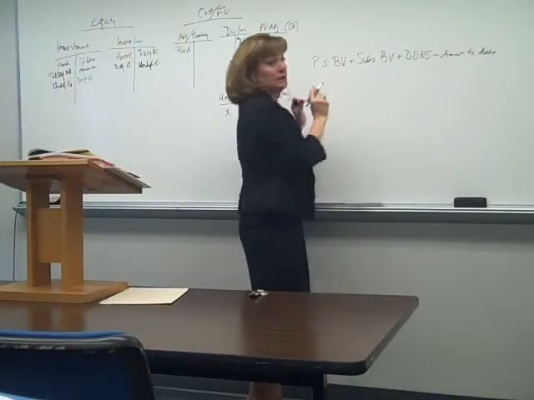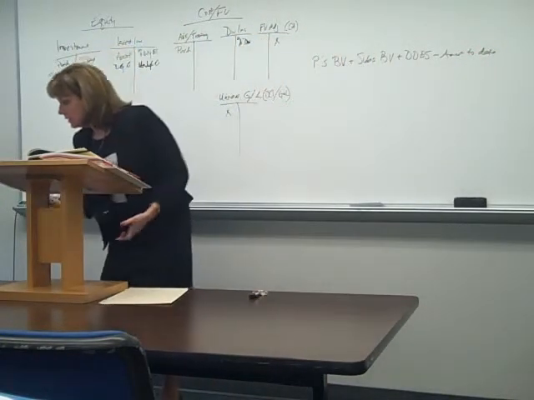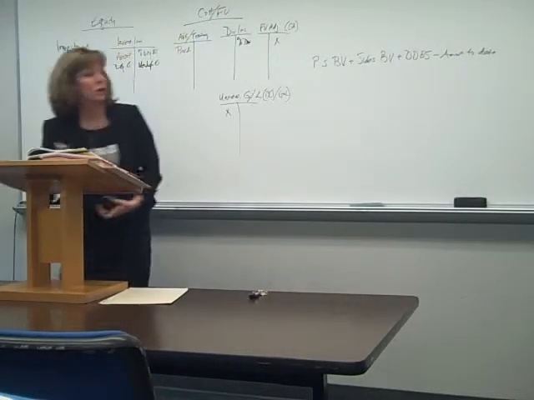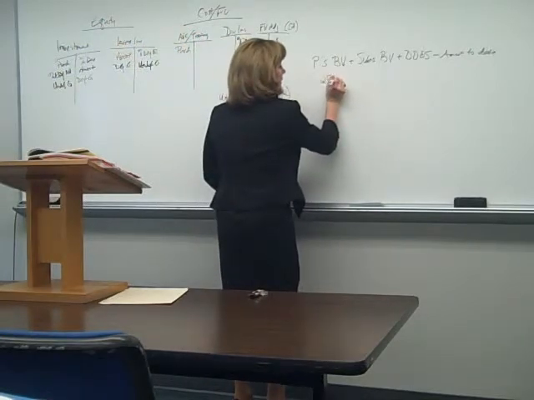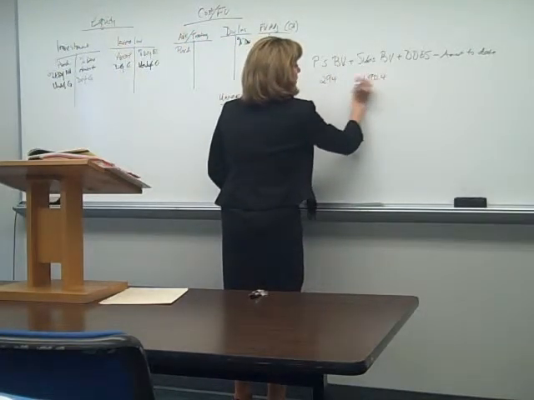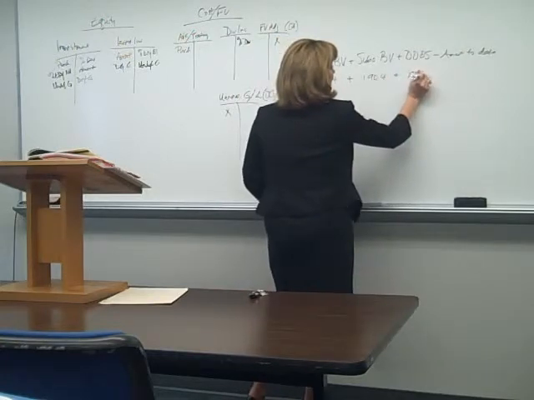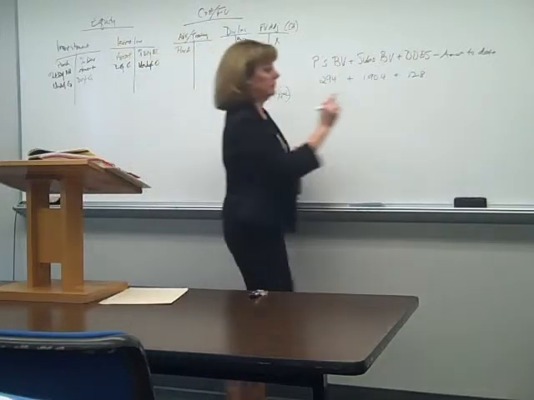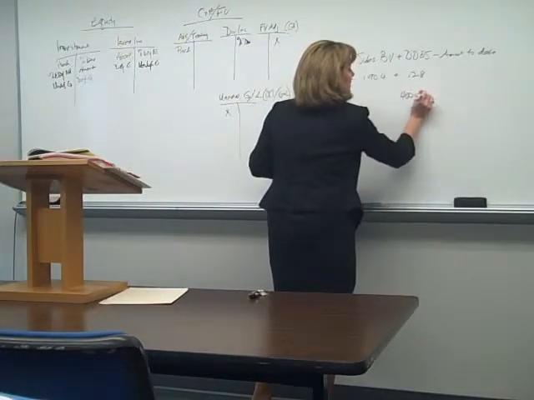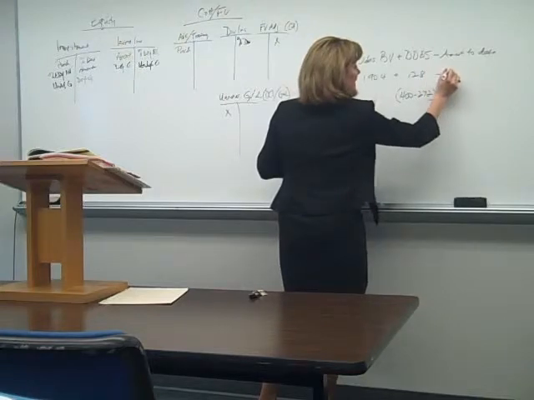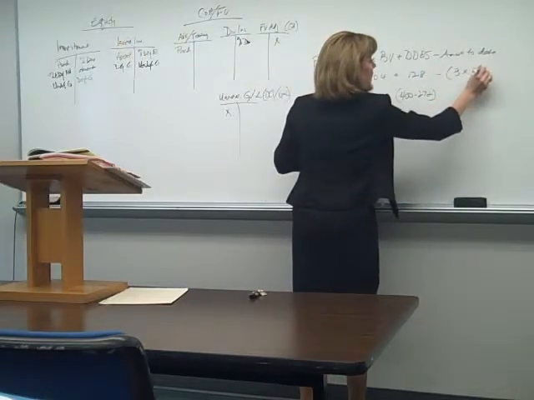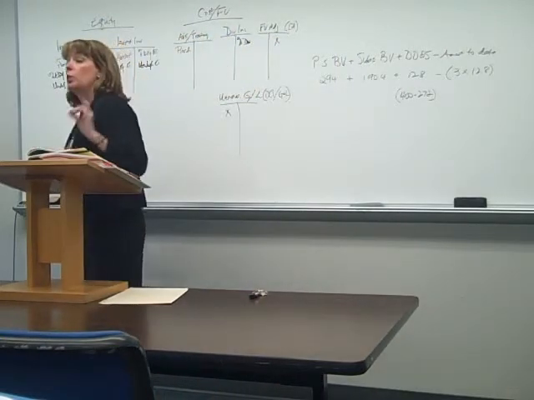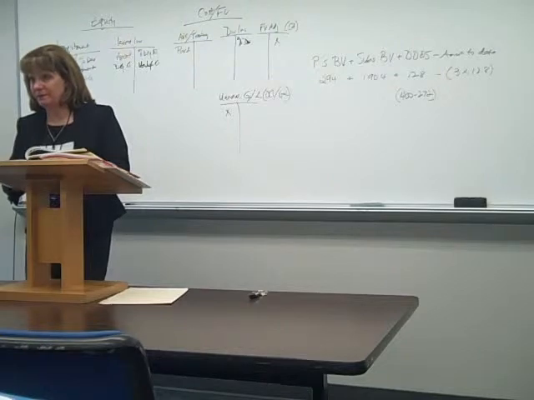In this case, the parent's book value today, on December 31st, 2014, was $294, plus 190.4, plus 128, which was the difference between the 400 and the 272, minus 3 years times 12.8. That is our consolidated equipment without having to do a worksheet.